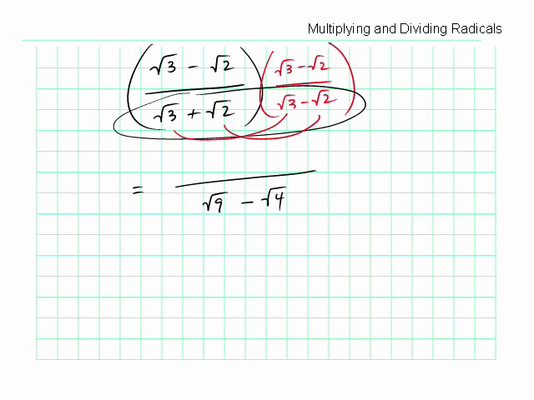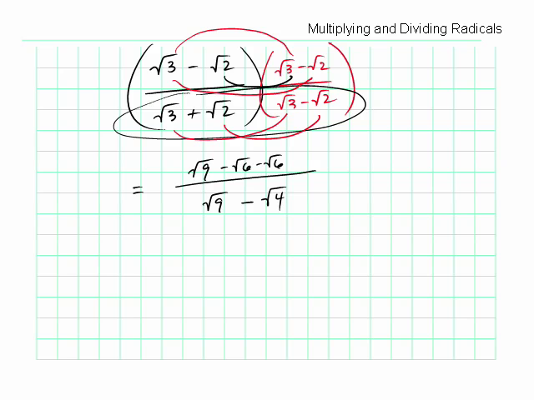In the numerator, I've got to FOIL this out. Square root 3 times square root 3 is square root 9. Square root 3 times negative square root 2 is negative square root 6. This times this is another negative square root 6.